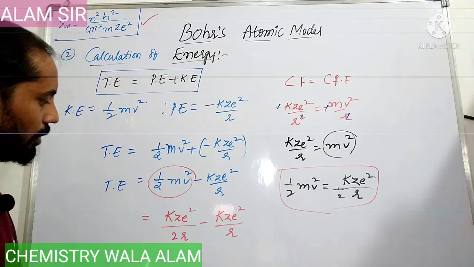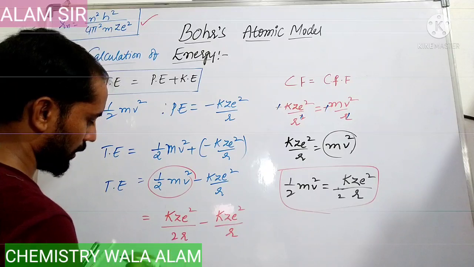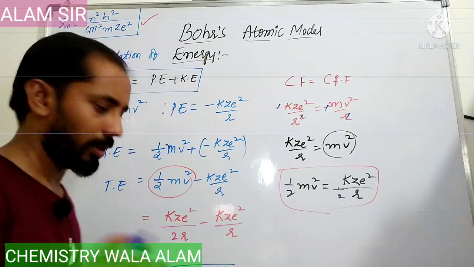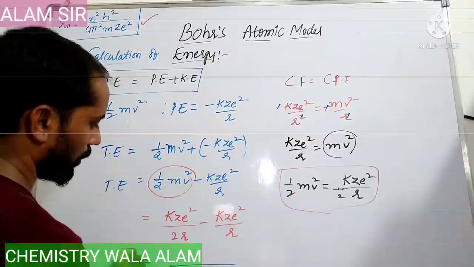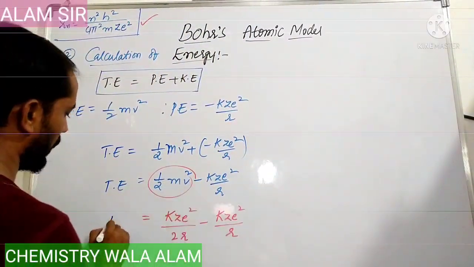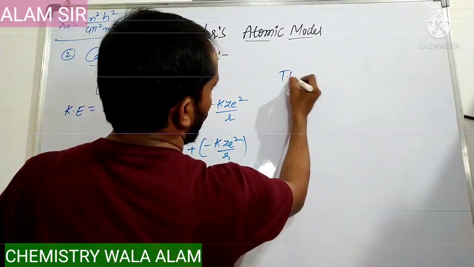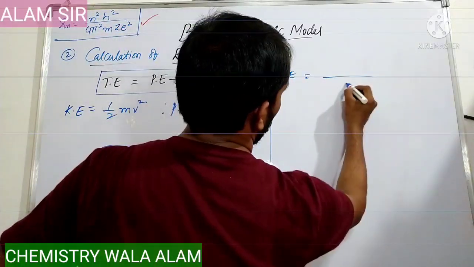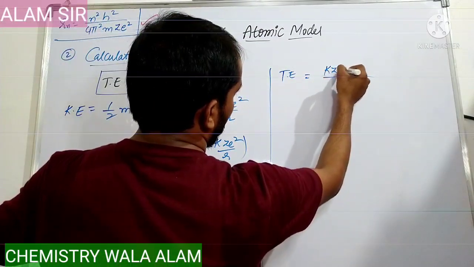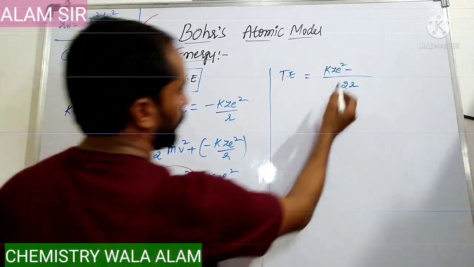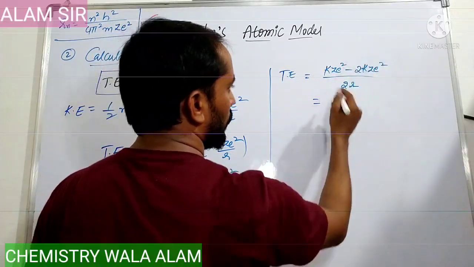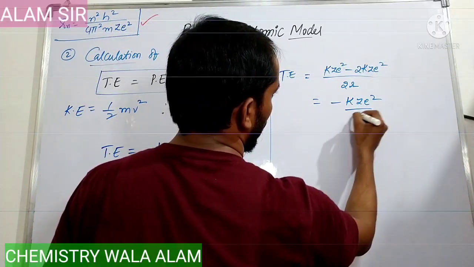Taking the LCM as 2r, the total energy is equal to kze square minus 2 into kze square, all by 2r. So 1 minus 2 gives minus kze square by 2r.